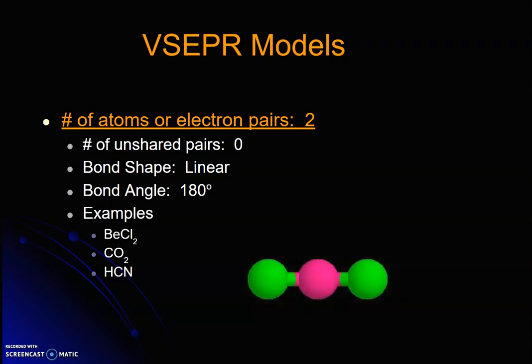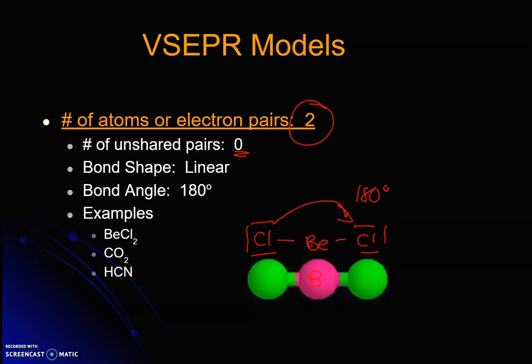Okay, so starting off with 2 things around the central atom with no lone pairs. Okay, you can have beryllium in the middle and 2 chlorines around it. The maximum distance that can be between them is going to be 180 degrees.